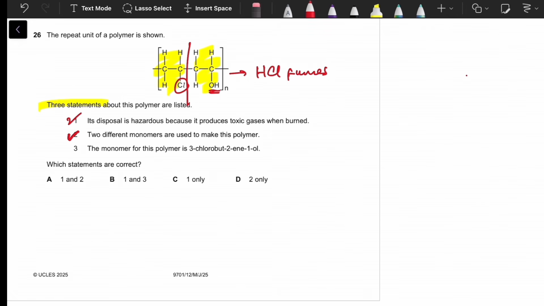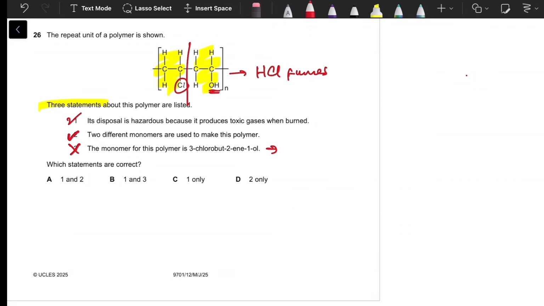The third one states that the monomer for this polymer is 3-chlorobut-2-en-1-ol. This, however, is incorrect because the double bond is between carbons 3 and 4 and not 2 and 3. Let's just dive a little deeper into this.